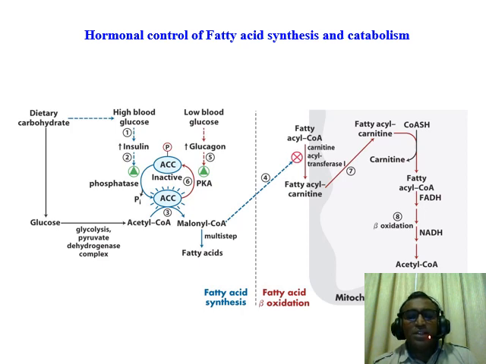When ACC is active, it will now cause the conversion of excess acetyl coenzyme A, due to a lot of glucose molecule, to be malonyl CoA, and therefore malonyl CoA concentration increases, and this increase in concentration of malonyl CoA will cause inhibition of the transportation of fatty acid from cytoplasm into the mitochondria. Therefore, insufficient fatty acid will cause beta oxidation to be inhibited or not happening.